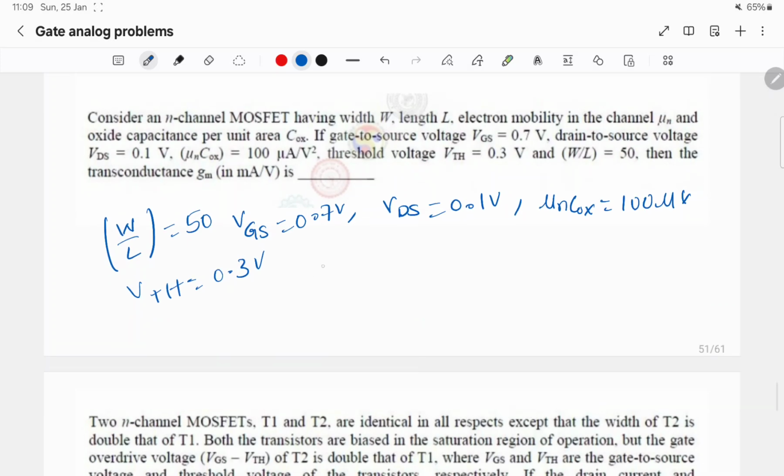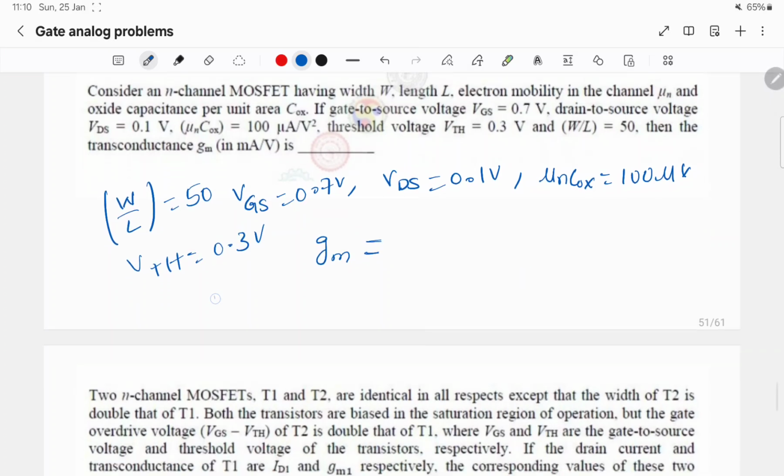Now we have to find the transconductance of the amplifier, GM. Before finding GM, we should know in which region the MOSFET is operating. If VDS is greater than VGS minus VT, this is saturation.